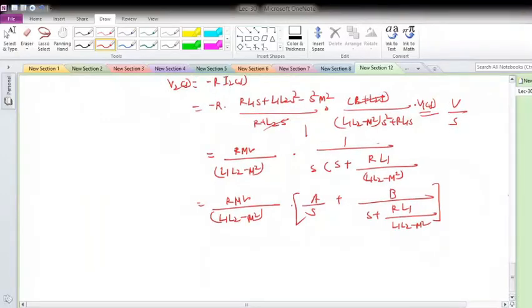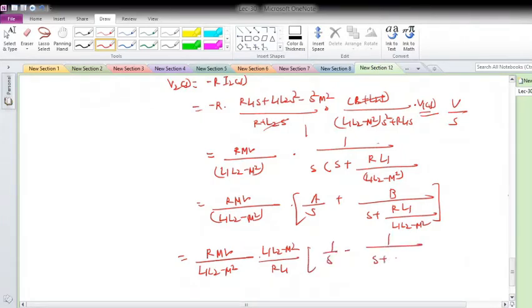To compute A and B, you know how to do that. So now I will write R M V upon L1 L2 minus M square into L1 L2 minus M square over R L1, and this will be 1 over s minus 1 over s plus R L1 over L1 L2 minus M square.